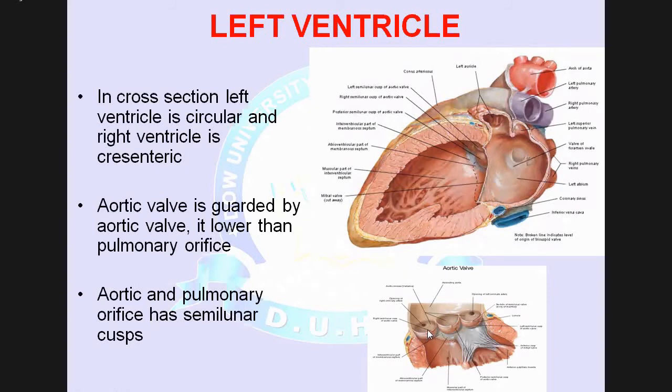And in the center of each cusp, there is a small lunule present. When these cusps come down, these lunules are approximated, and it's the weight of the blood that brings down these cusps, as you don't see any chordae tendineae attached to them.